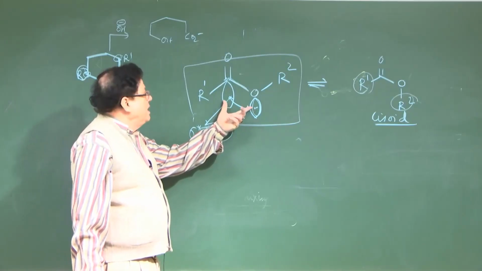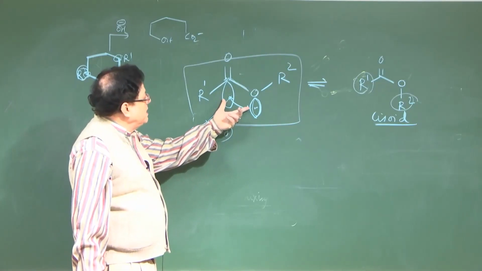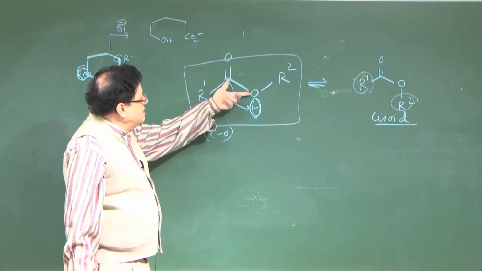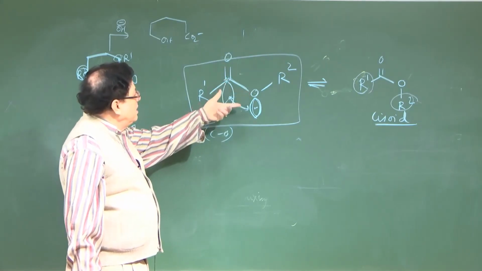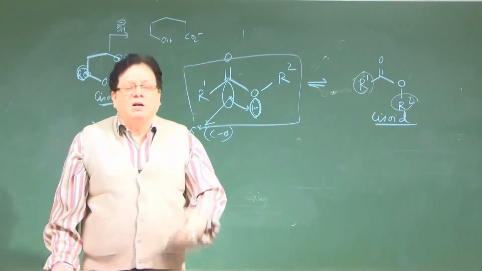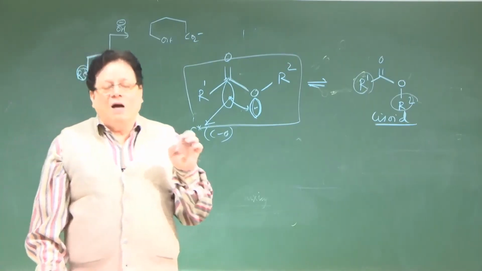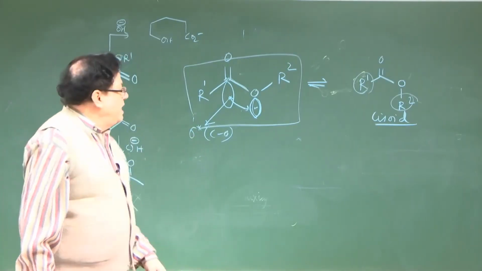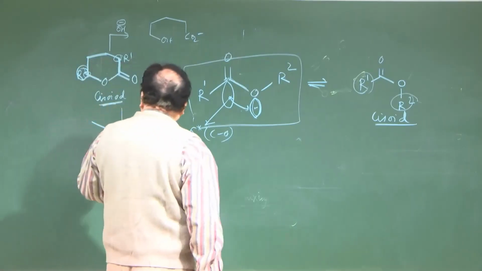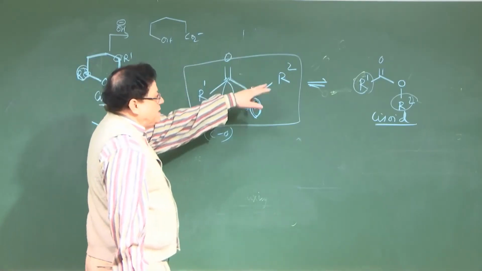Another way of explaining it is that you are making this carbon-oxygen bond stronger, with partial double bond character. All these go against the breakage, because ultimately hydrolysis means breakage of this bond.